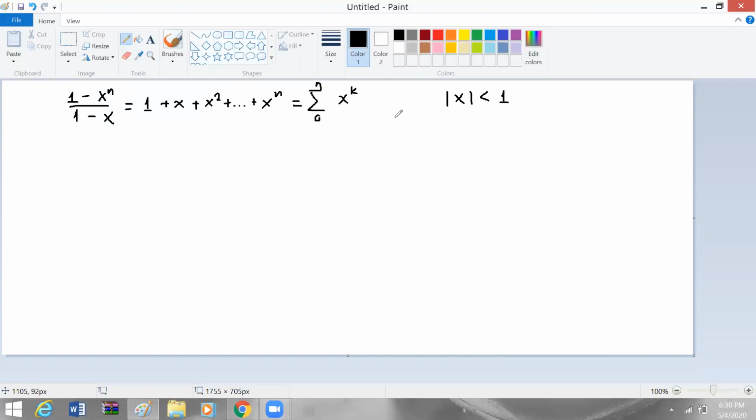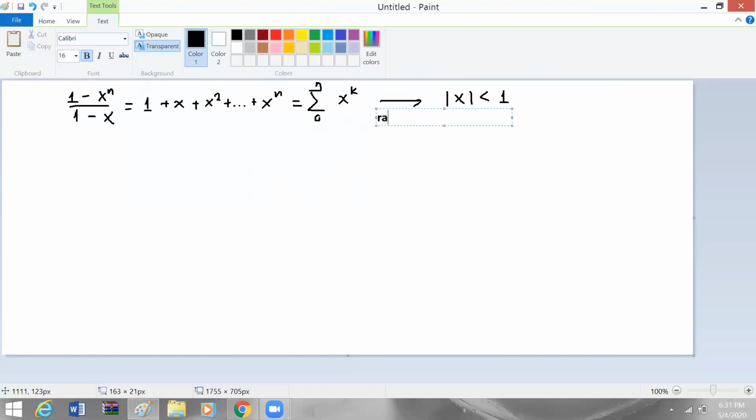So why is it so important for x to be less than 1? If x is greater than 1, the top is going to explode relatively quickly. So it must satisfy the convergence. So this is what we call the radius of convergence for the series.